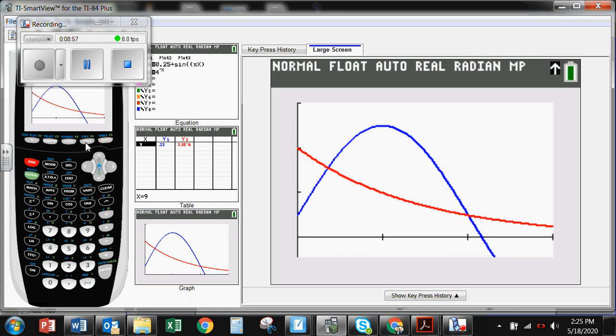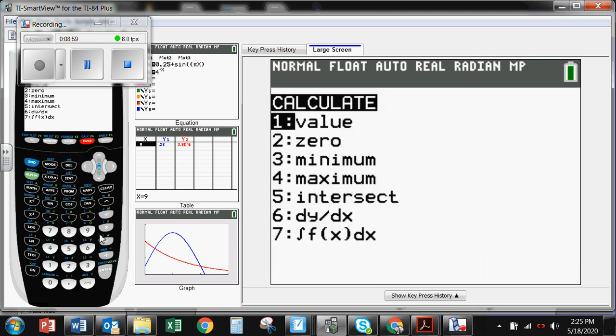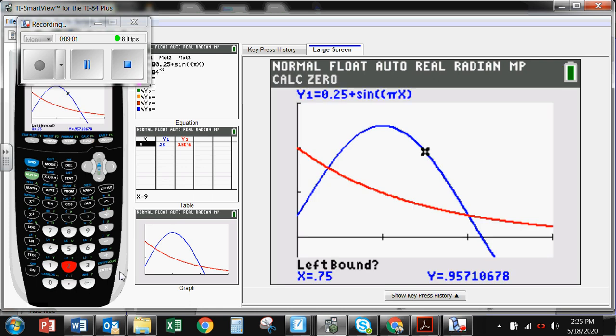Second, calculate the 0. Left bound, sure. And then I can just go all the way to the right. And let's get a guess. And so that's the number I'm looking for, that last one. And let's write that down, and then let's find that answer.